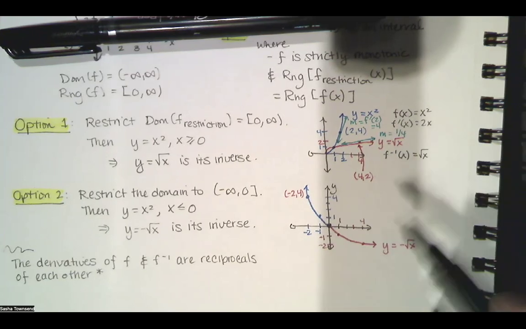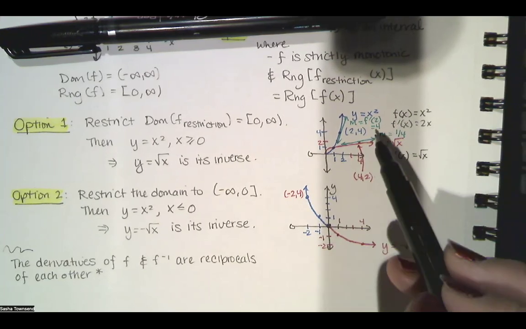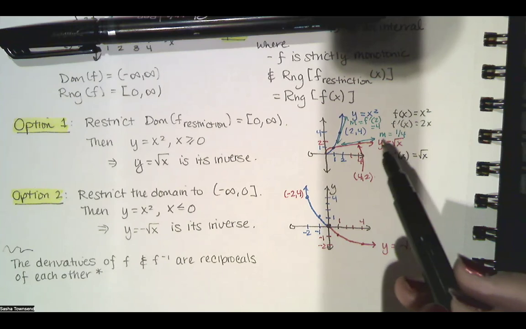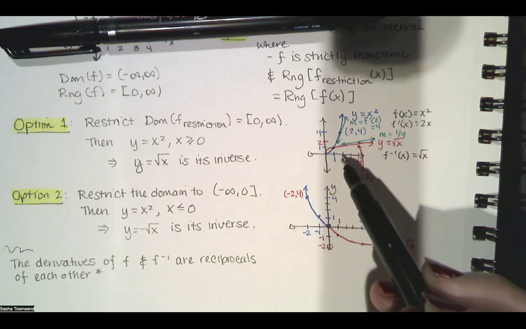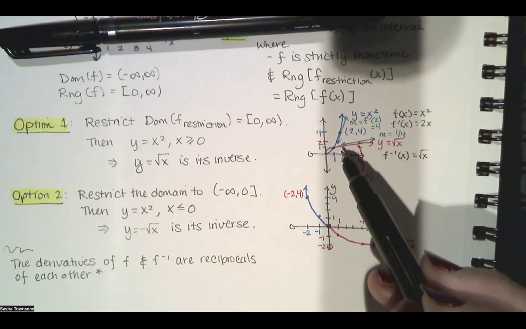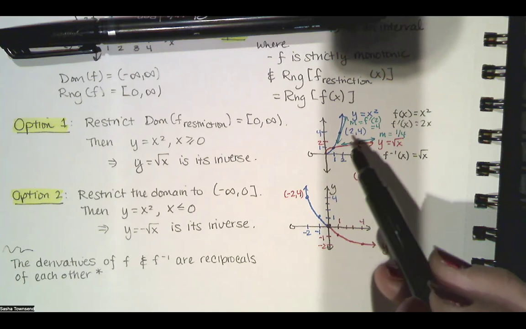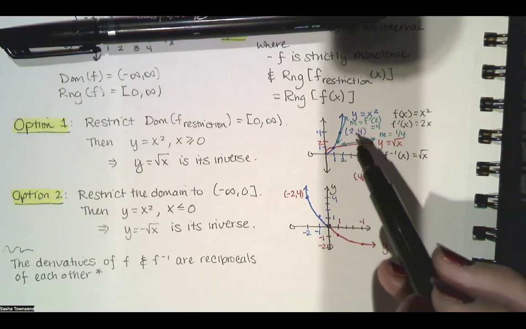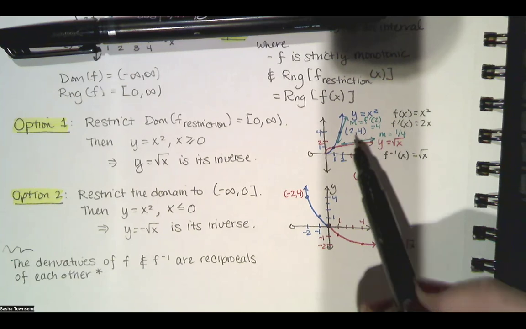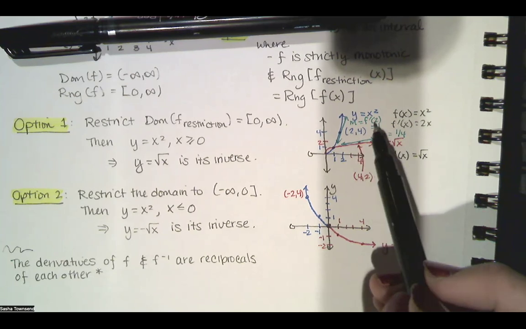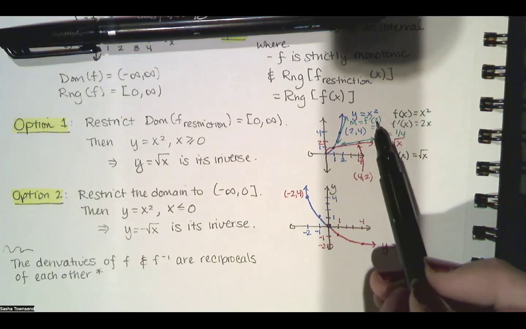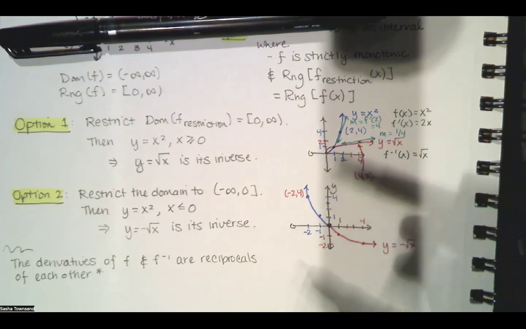But you have to be careful. If I look at the derivative of f inverse at x equals 2 and tell you that the derivative of f inverse at x equals 2 is 1/4, I'd be wrong, because you actually have to change the x value. This says the derivative of the original function at x equals 2 is 4.